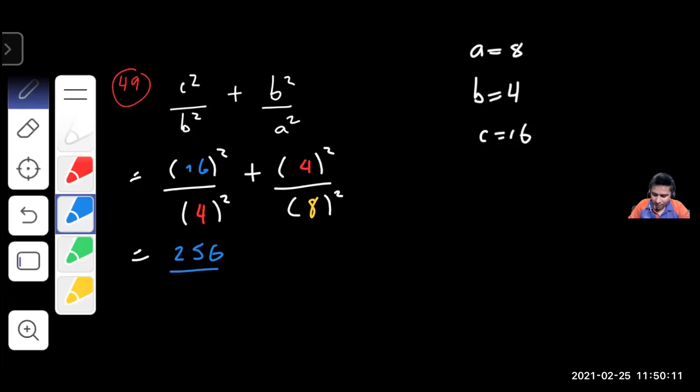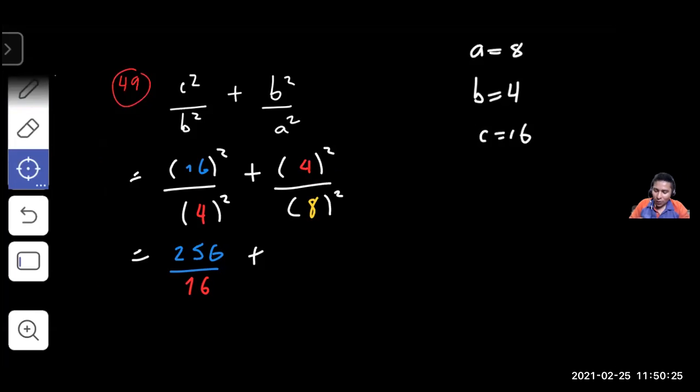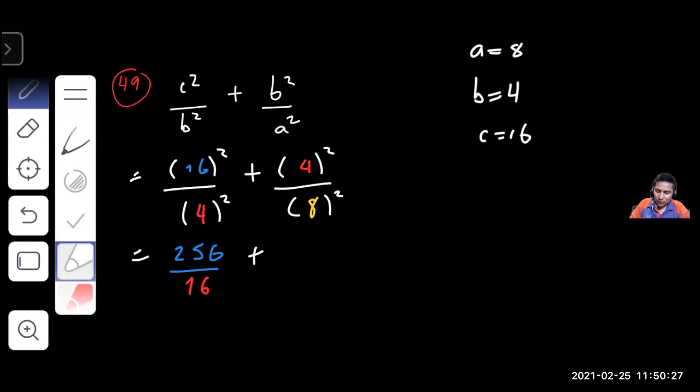All over, what is 4 to the second power? 4 times 4, it is 16, not 4 times 2. Okay, no problem. And what is this 4 to the second power? 16 again. And 8 to the second power? 64, correct.